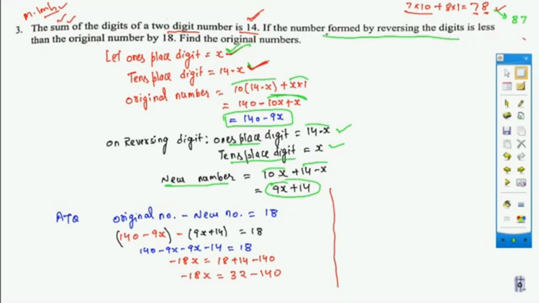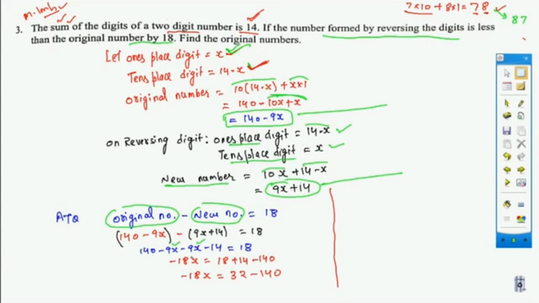According to the question now, the original number minus the new number is equal to 18. It is given. What is the original number? 140 minus 9x minus, we will put the bracket, (9x plus 14) is equal to 18.